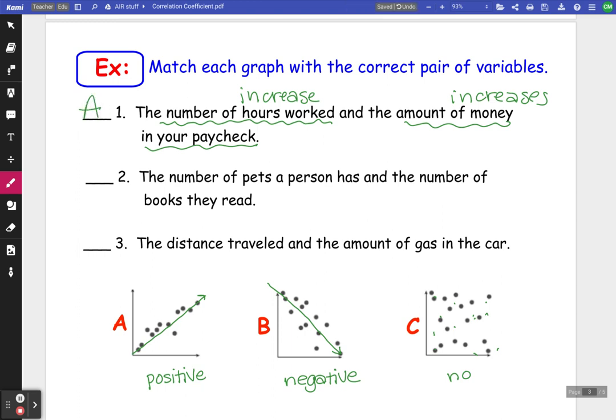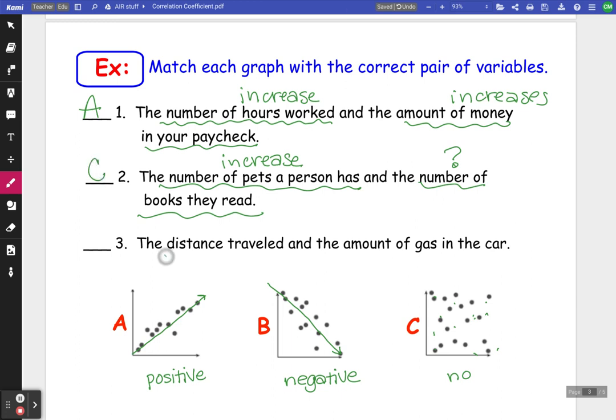The next one that we're talking about, the number of pets a person has and the number of books that they read. So if my number of pets increases, does that have anything to do with how many books you read? No, there is no relationship there at all. So that's going to be a C. There is no correlation.